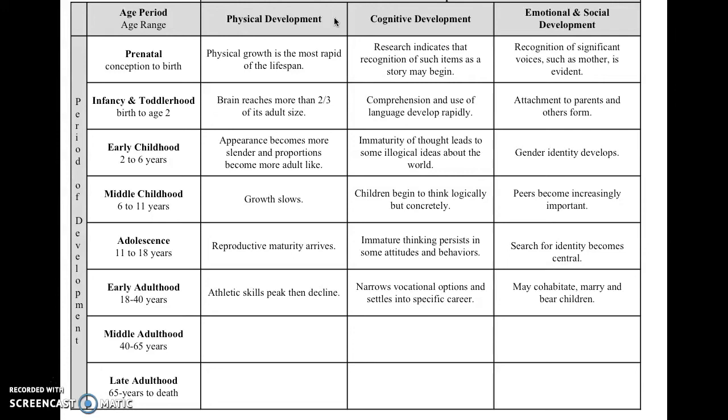Middle adulthood tends to be more of a mixed bag in terms of improvements and declines. In terms of physical development, vision often declines. This is when reading glasses and progressives or bifocal lenses become common. Cognitive development includes improvements and declines, as there are decreases in processing speed and working memory and increases in knowledge and problem solving.